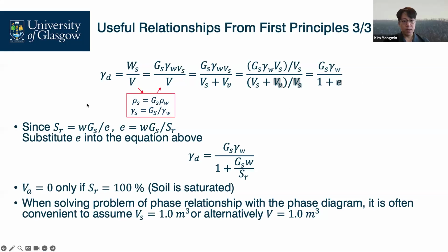It means the dry unit weight can be obtained from the void ratio, because Gs is mostly constant and the water unit weight is also constant. One is a fixed value, so the only thing that varies is the void ratio. If you know the void ratio, you can simply get the dry unit weight.